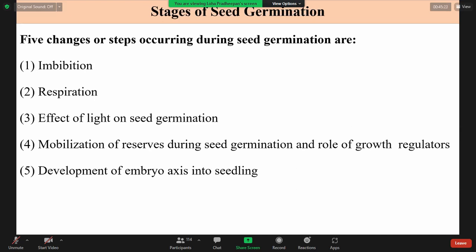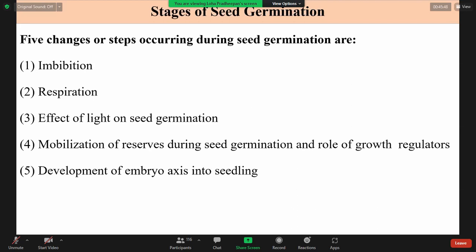The second one, seed respiration. Then effect of light on germination, then mobilization of reserves during germination.